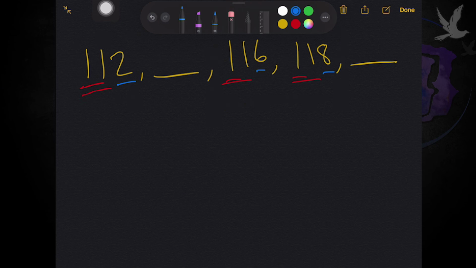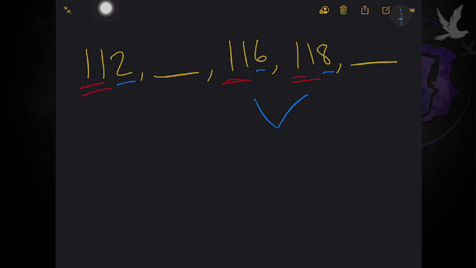All you have to do now is look at their difference. What is the difference between 116 and 118? In other words, what did you do with 116 to give you 118? Obviously here we added 2. We just added 2.